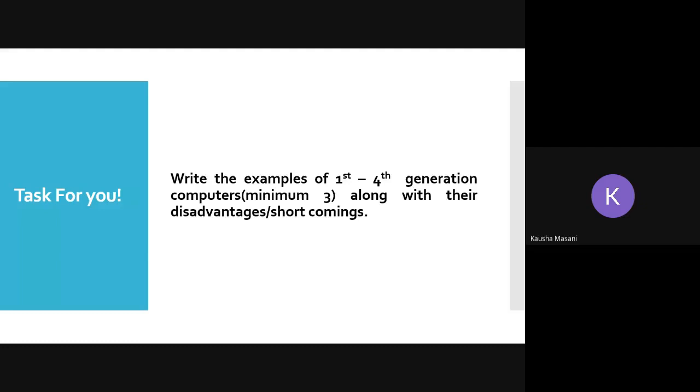Now how are you going to do this task? After this session I'm going to share the Google Classroom link. This time I am going to do continuous evaluation. You'll get these kinds of small tasks, and you have to write your answer in that Google Classroom itself.